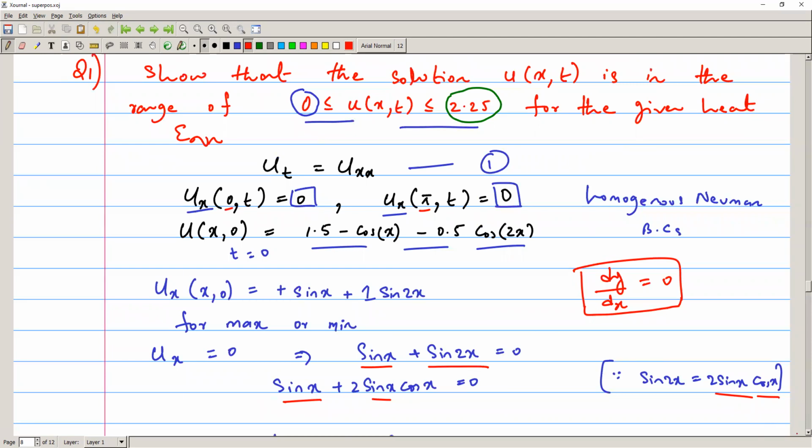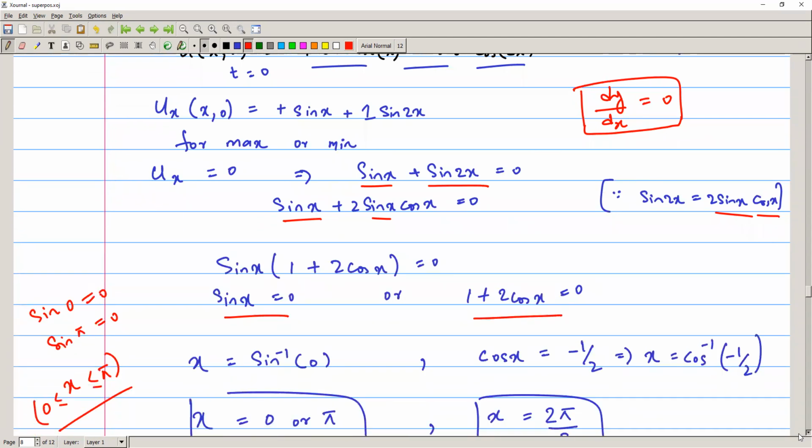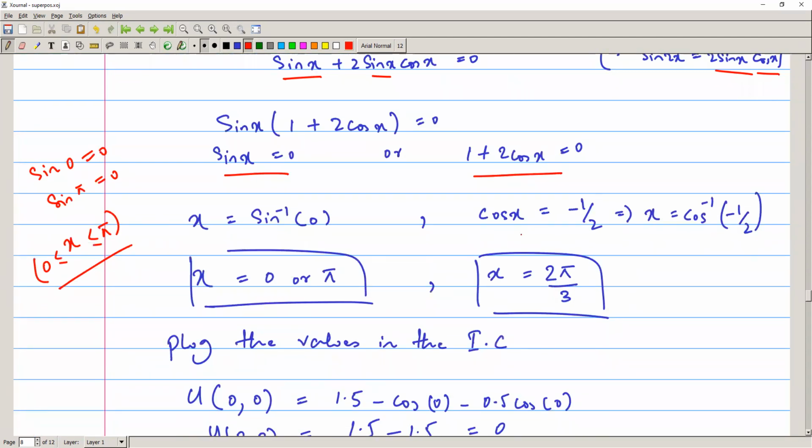That's why we are including both 0 and pi, right? Now from 1 plus 2 cosine x equals 0, we solve for x and get x equals 2 pi over 3, right? So we got three values: 0, pi, and 2 pi over 3.